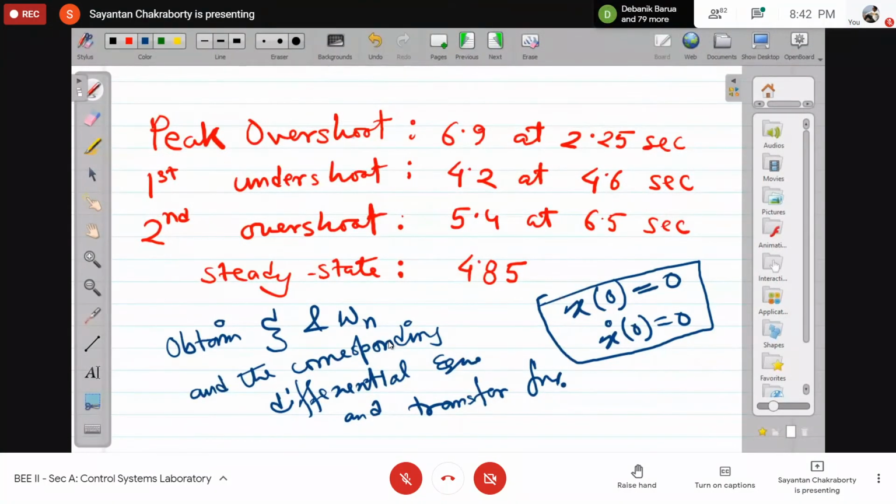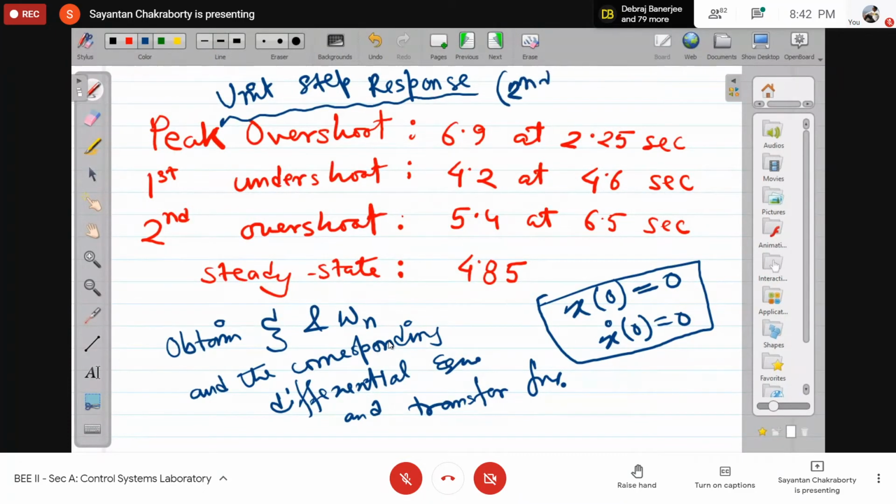And this is the data for the unit step response for a second order system. These are the two assignments from this particular module or particular experiment.